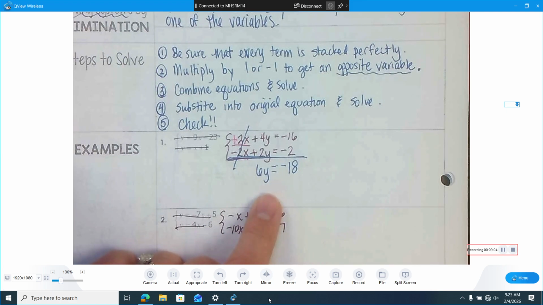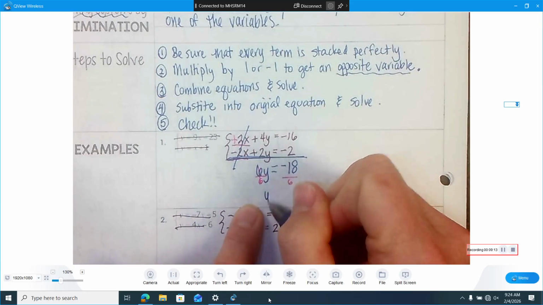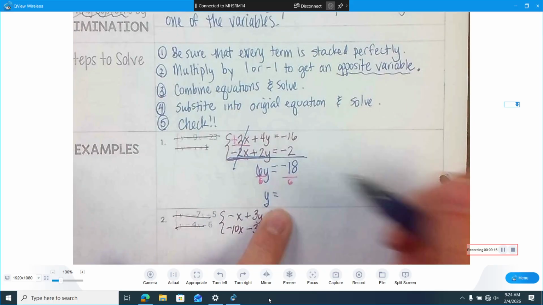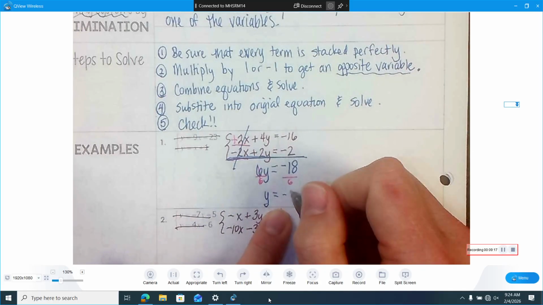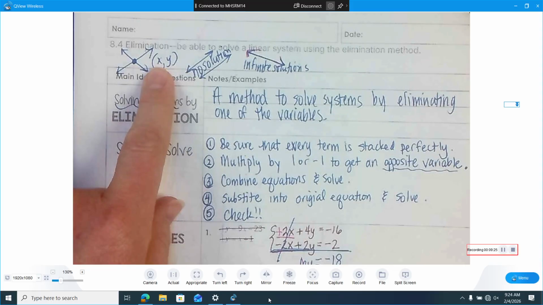Can I solve for y? Yeah, how do we get y by itself? Divide by 6. How easy is this? Pretty easy. So y equals, what's negative 18 divided by 6? Negative 3. Hey, are we done? Not quite, okay? We have one answer, but remember, our goal is always we need an ordered pair.